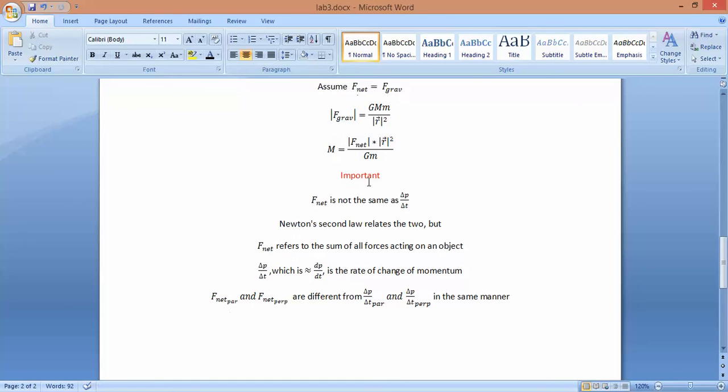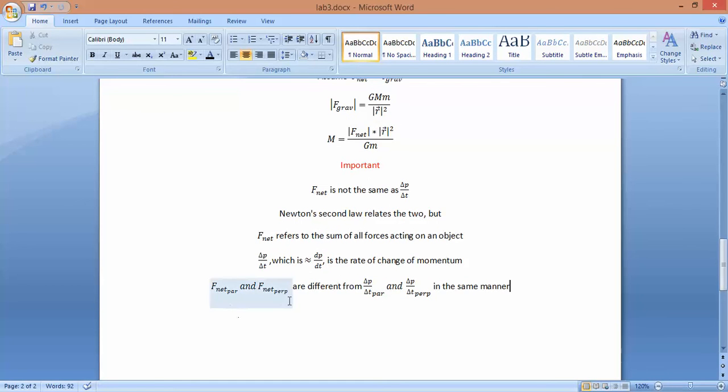The parallel and perpendicular components of the net force are also different from the parallel and perpendicular components of the rate of change in momentum, in the same manner as before. So the net force is just the sum of all forces, while dp over dt is the rate of change of momentum.